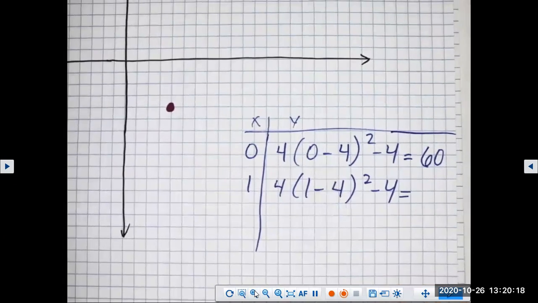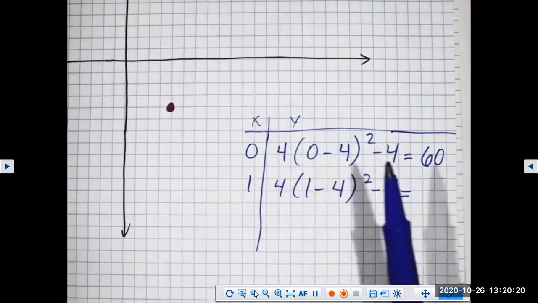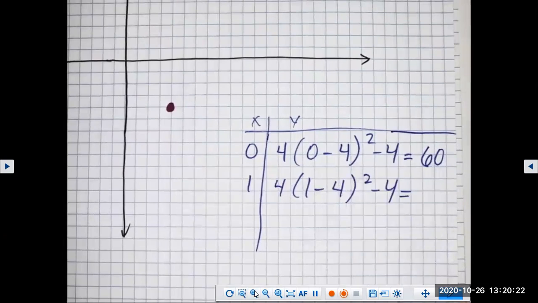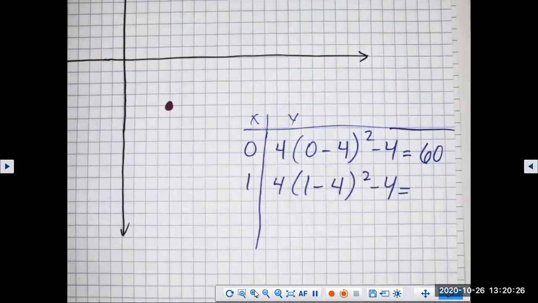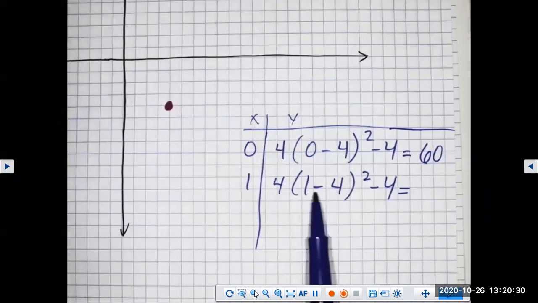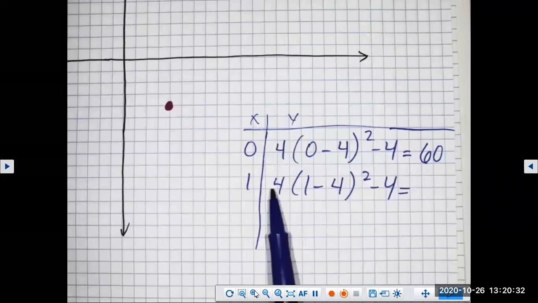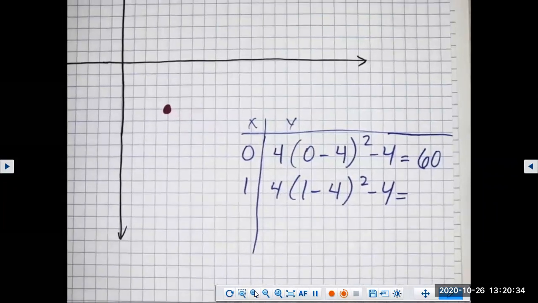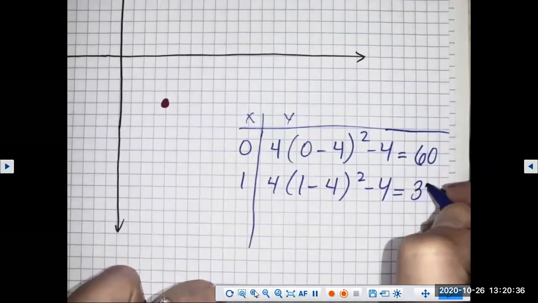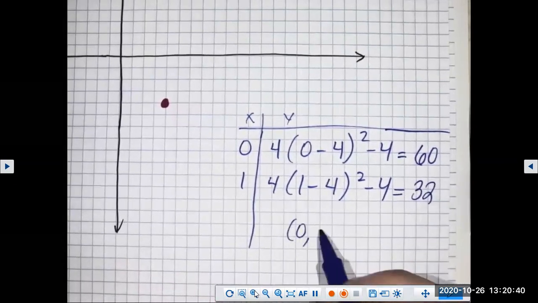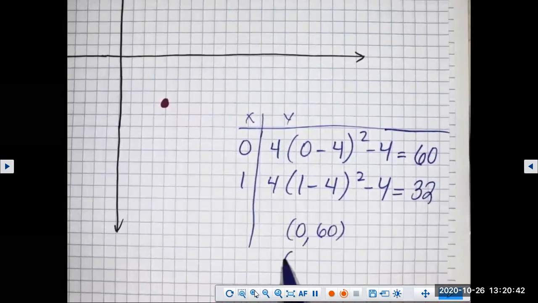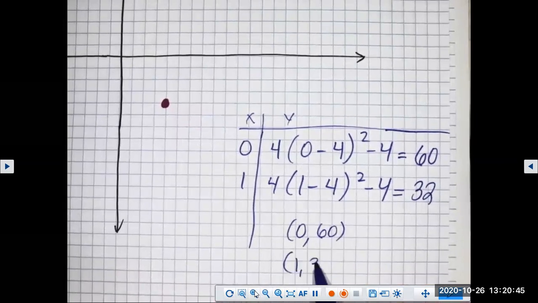All right, yeah, you can always double check me. Are you good? Okay, here you get negative 3 squared, positive 9 times 4, 36, minus 4, 32. So we have 0, 60, and then 1, 32 to graph.